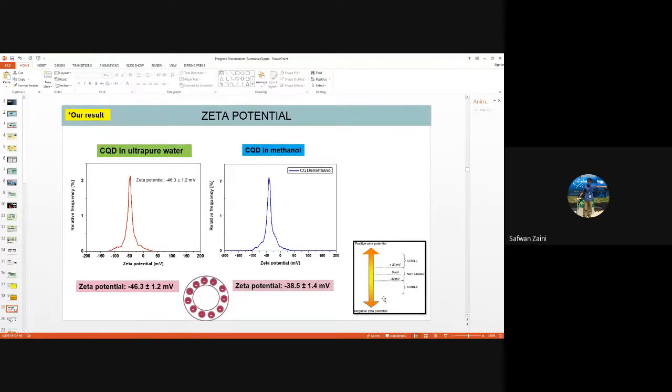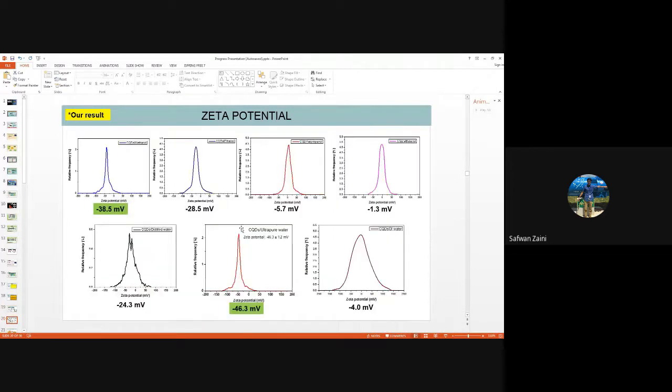According to this measurement, if you get positive or negative 30 millivolts and above, your solution is stable. The same goes for the CQD dispersed in methanol. However, for the rest of the solvents, which are ethanol, isopropanol, butanol, distilled water, and DI water, the possibility of particle coagulation or aggregation is higher compared to methanol and ultra pure water.